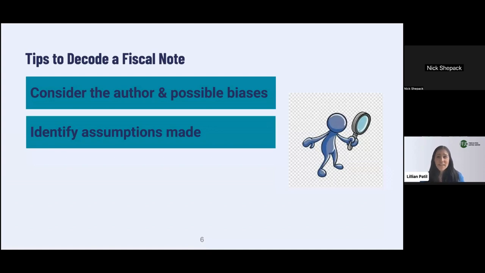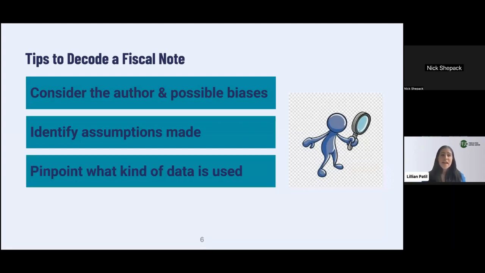And then who the author is also can help you understand what sort of assumptions they have made in order to make projections and come up with calculations, and to help you pinpoint what kind of data is used, so where the data used in the calculations to come up with a fiscal estimate is coming from.